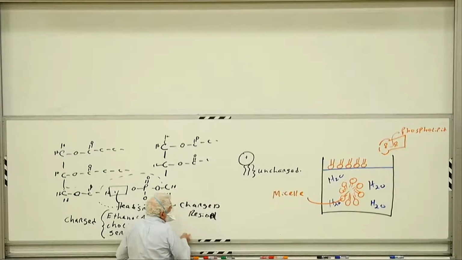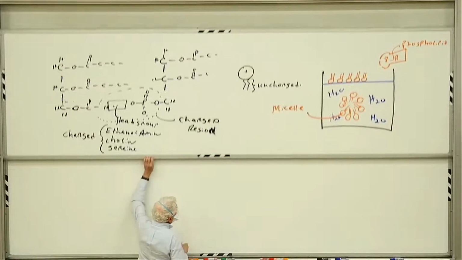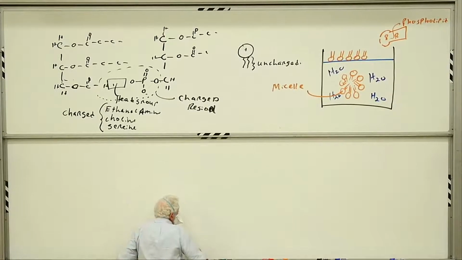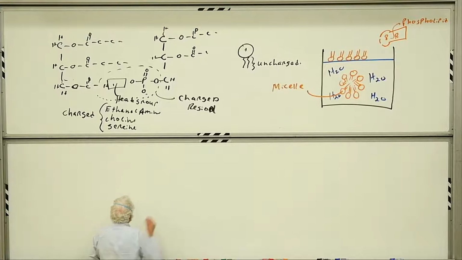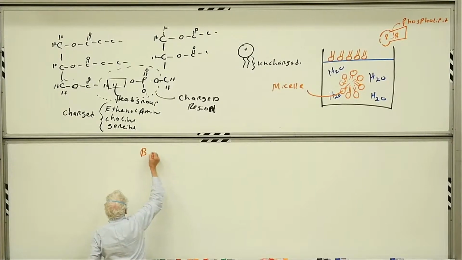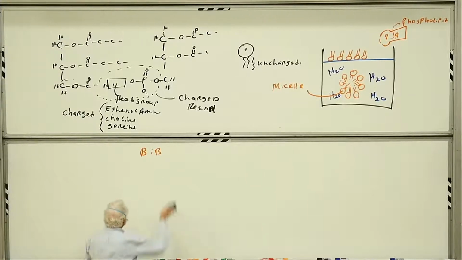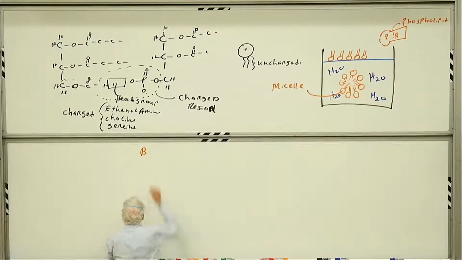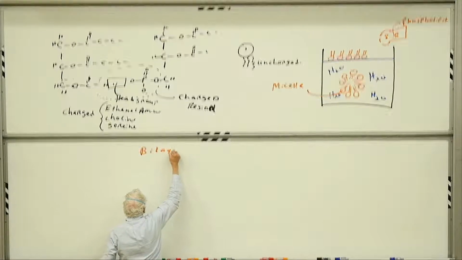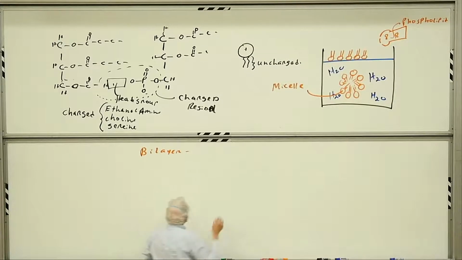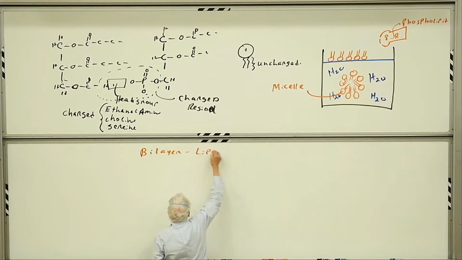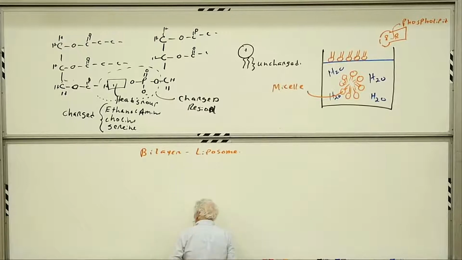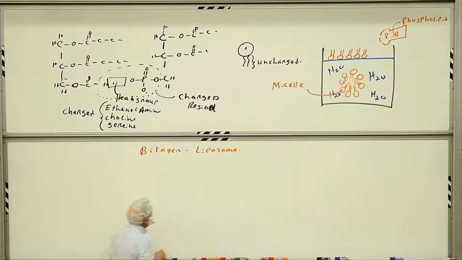So how can we arrange those things in water and make it reasonably stable? Well, the concept that arises is something known as the bilayer. And the first way to describe the bilayer is in something called a liposome. These are pretty much artificial constructs. We make them all the time. They're quite useful in biology.